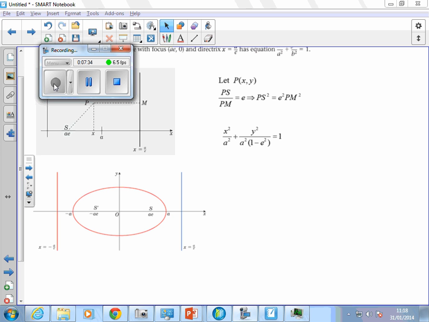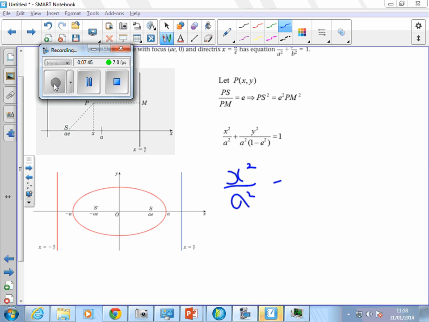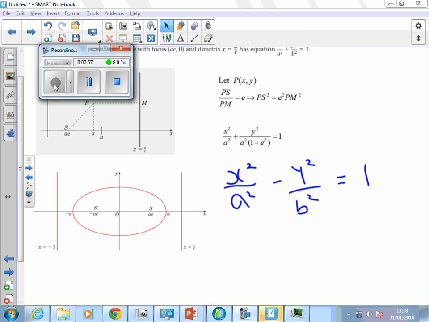Now the general form for a hyperbola is x squared over a squared minus y squared over b squared is equal to 1. Now, what should I do to make this one a minus?